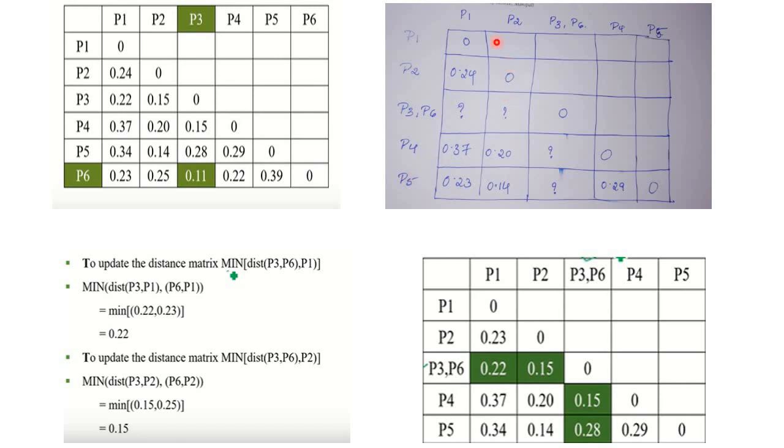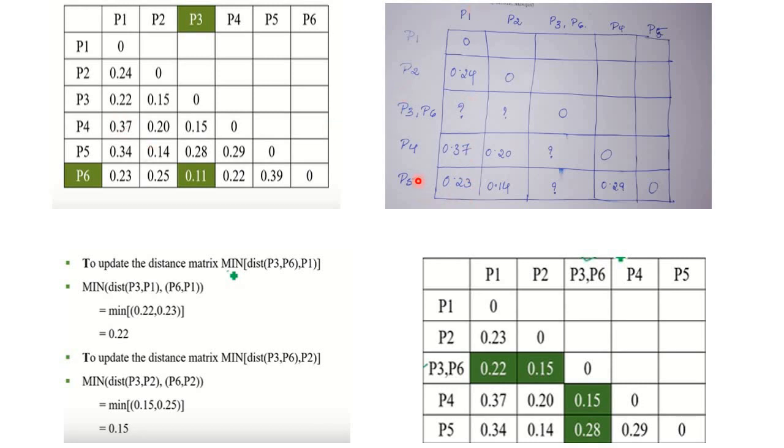From this matrix, I have P1 to P2 as 0.24. But how about P1 to P3, P6? I don't have a distance as such. So what is going to be in that particular box? We shall see that. Next is P1 to P4. Okay, I have the value here, that is 0.36.